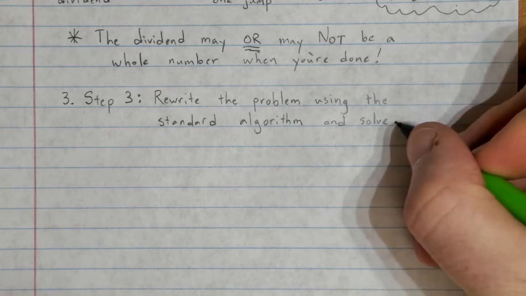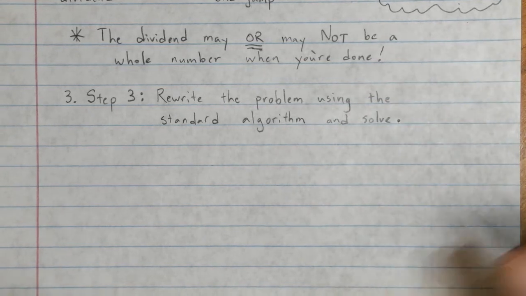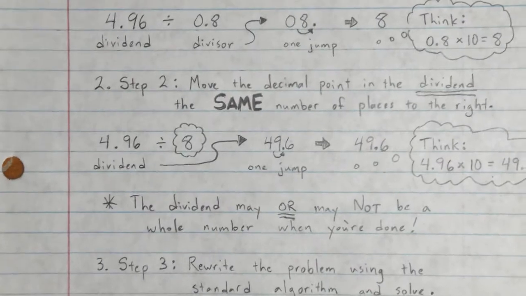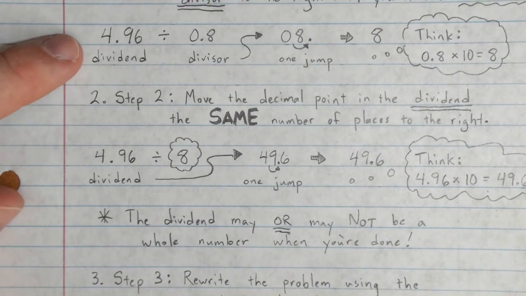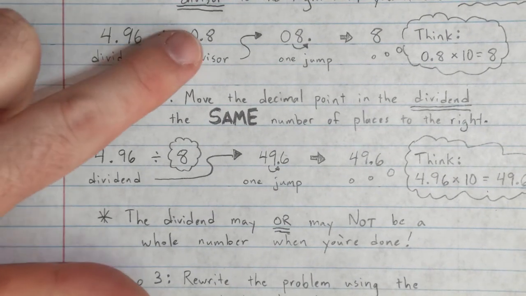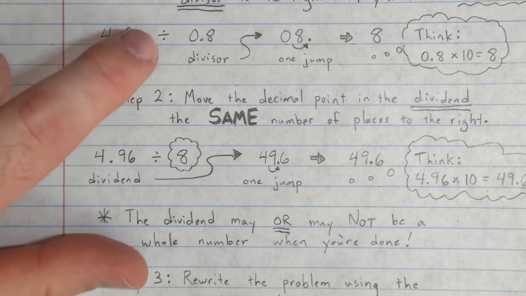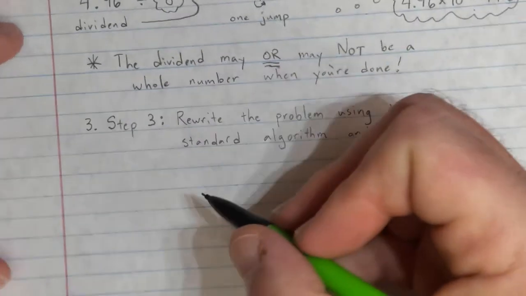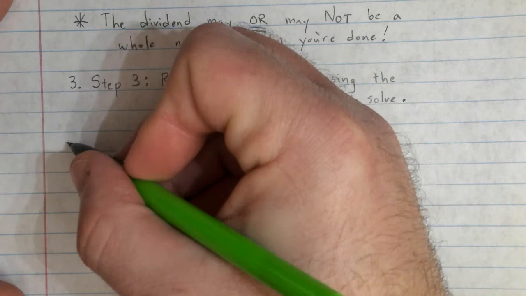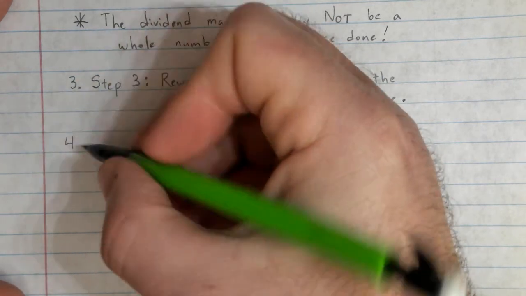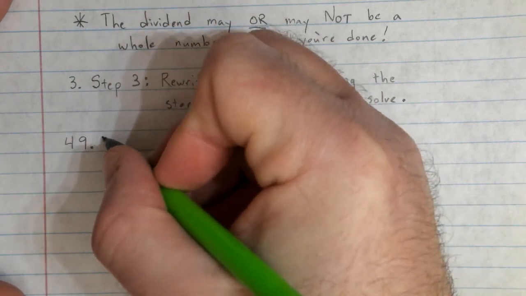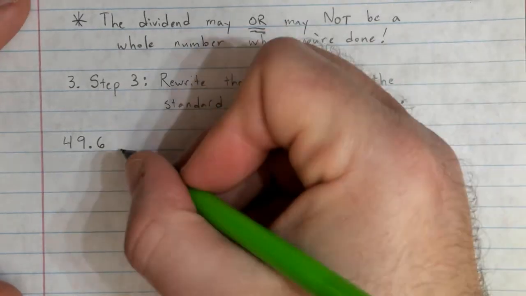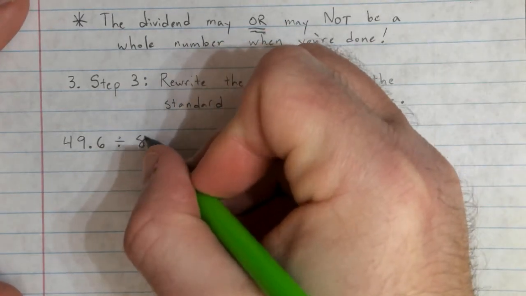Okay. So, we changed the original problem. We multiplied this and this by 10. So now we have new numbers: 49 and 6/10 divided by 8.